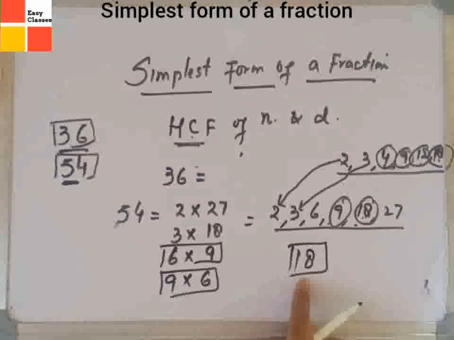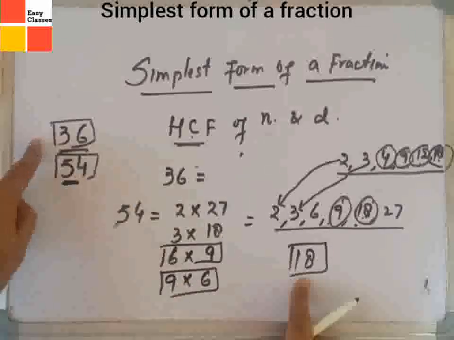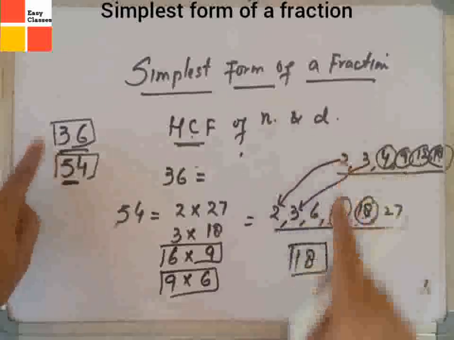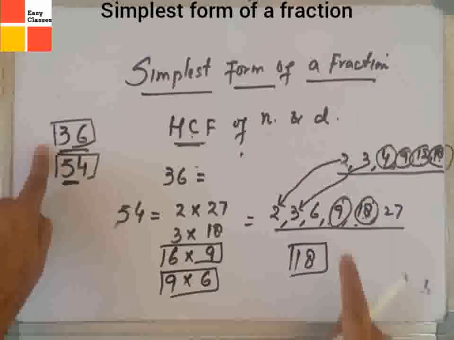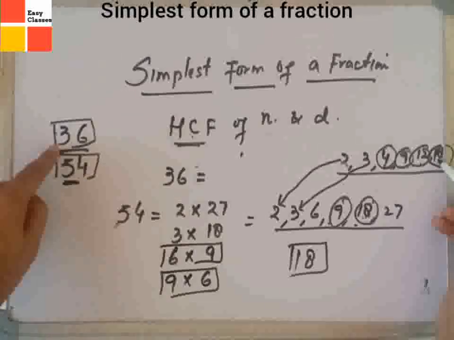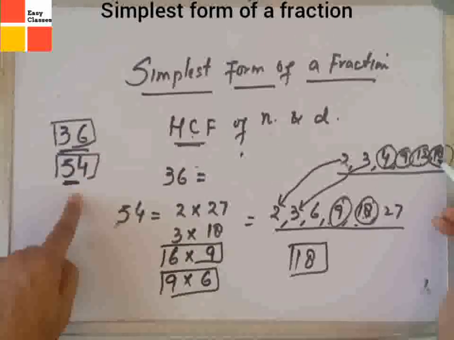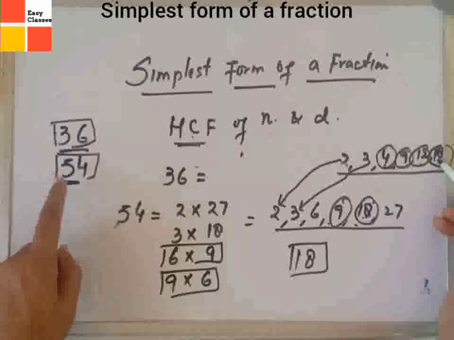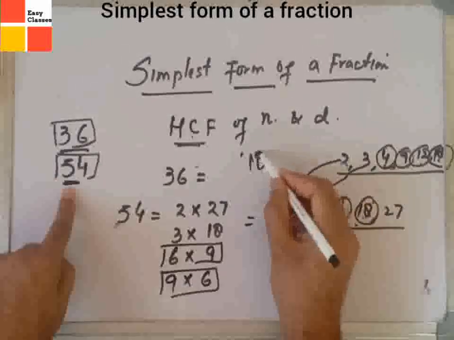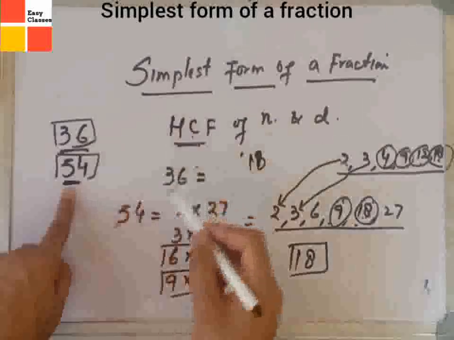So that means 18 is the highest number which can divide 36 as well as 54. Both can be divided by 2, but among these the highest is 18. 18 can divide 36 exactly, and 18 can divide 54 exactly. So 18 is the HCF of 36 and 54.